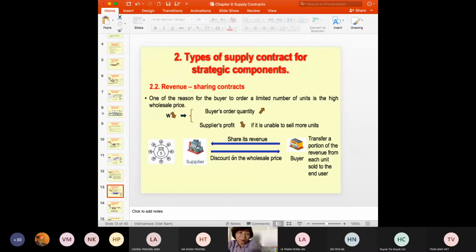So with a contract, the supplier will discount them and they can get the cheaper wholesale price, but the extra profits they get, they must share with the supplier.